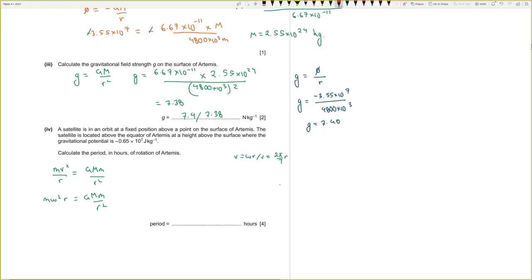We can get rid of the m over here. So (2 pi by T) whole squared, what do we end up with? 4 pi squared by T squared times r is equal to GM by r squared, or 4 pi squared by T squared times r cubed is equal to GM.